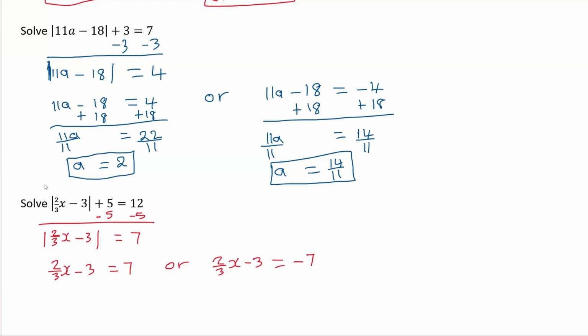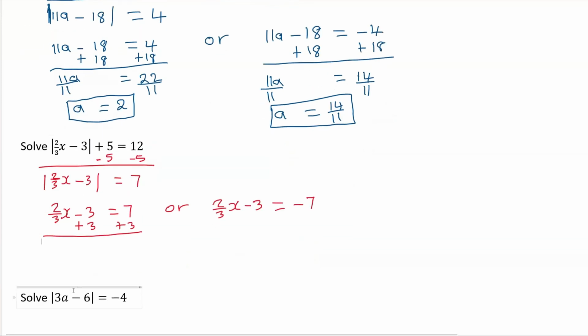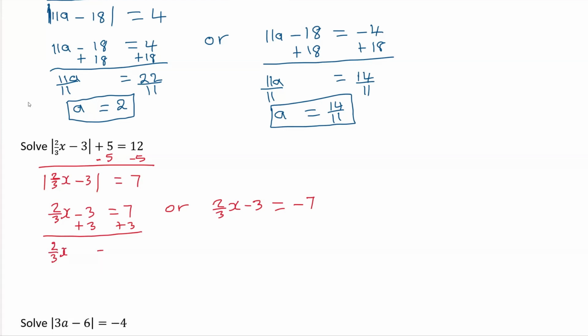So we solve these two equations. We add 3 to both sides. And what you get is 2/3 x is equal to 10.